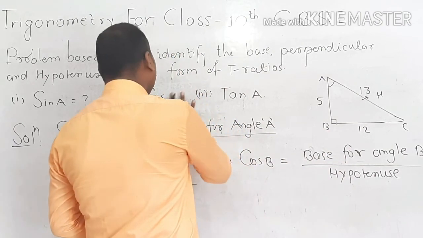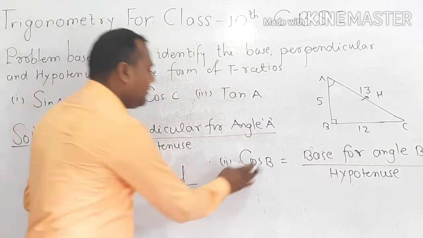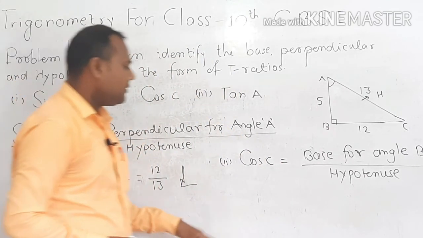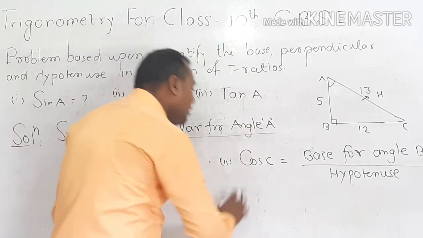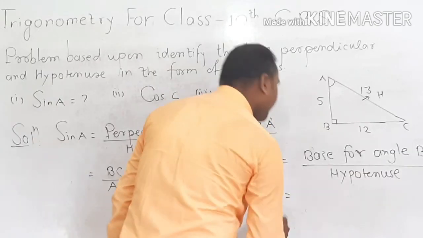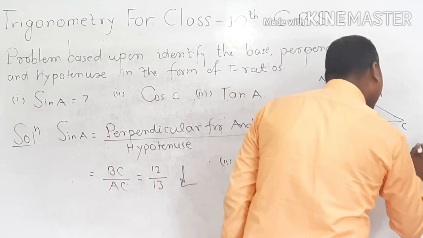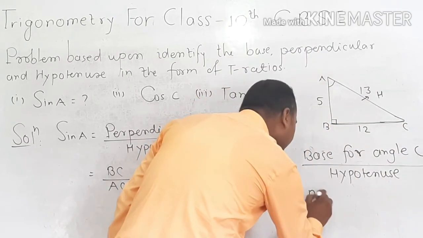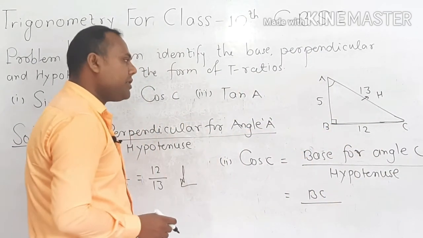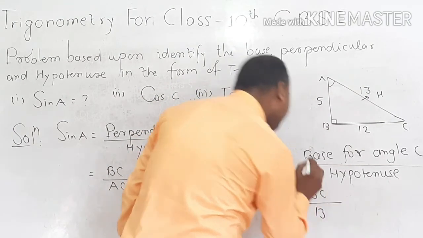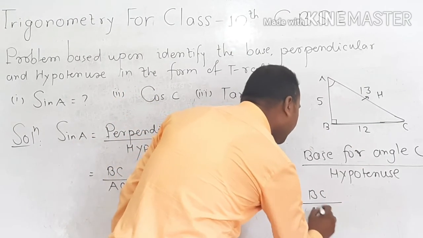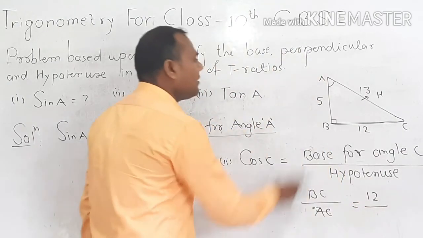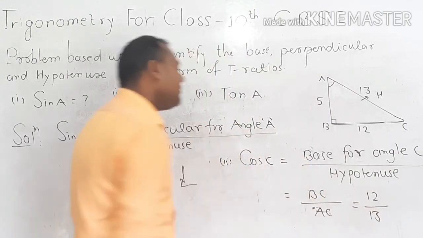Here will be C, make it correct, here will be C in the form of angle. And also now cos of C will be equal to base for angle C upon hypotenuse. The base for angle C is BC, so BC upon hypotenuse AC. BC is 12 and AC is 13, and this will be the answer.